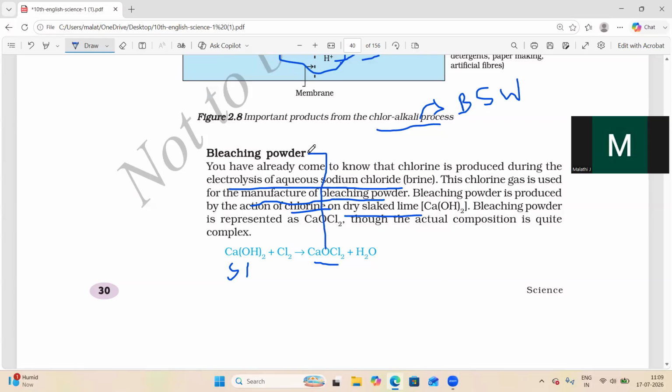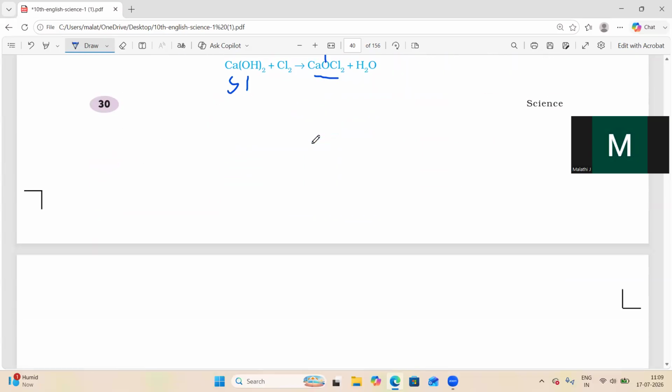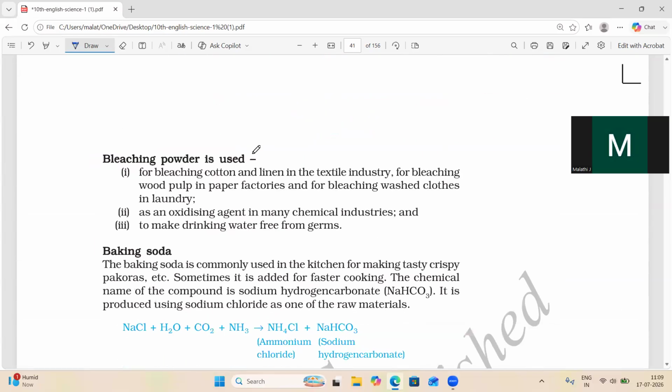They will ask this question. The actual composition will be a little difficult. The uses of bleaching powder are: bleaching cotton and linen in the textile industry, bleaching wood pulp in paper factories, and bleaching washed clothes in laundry.